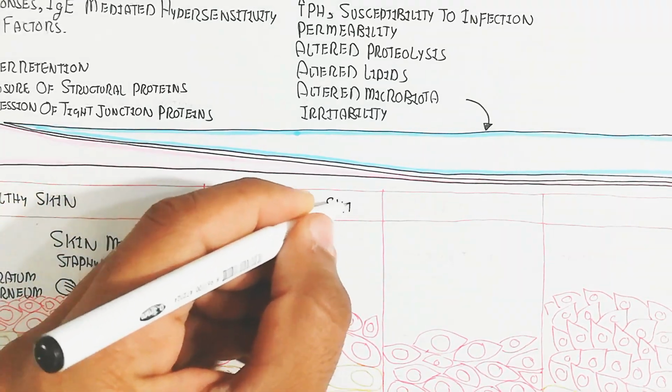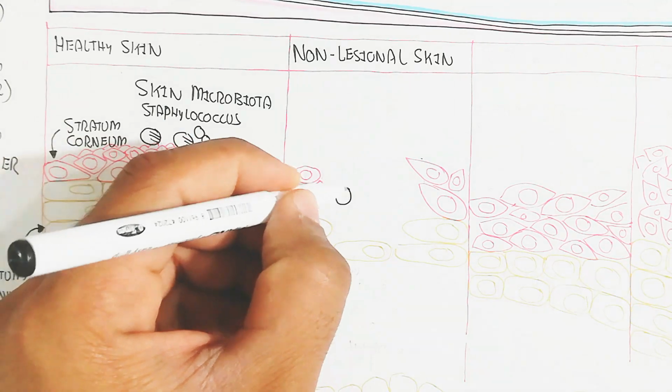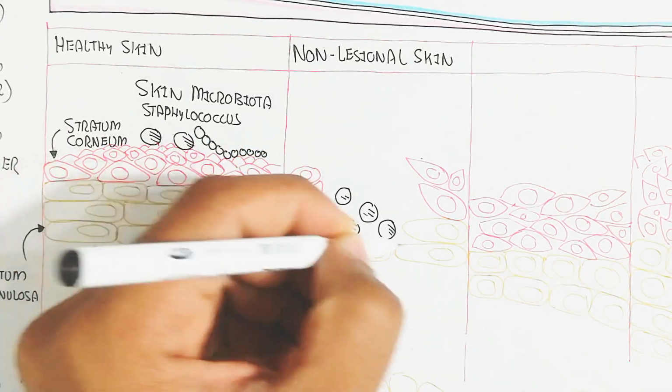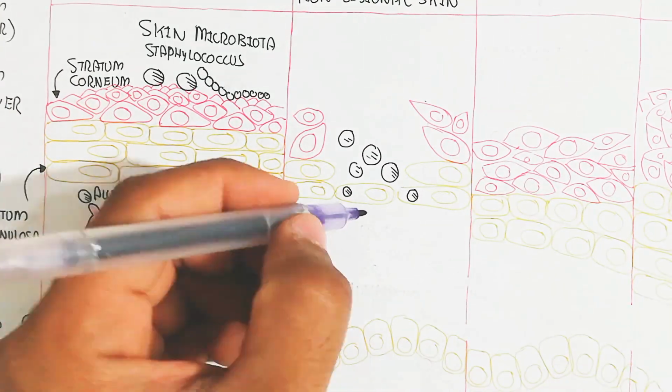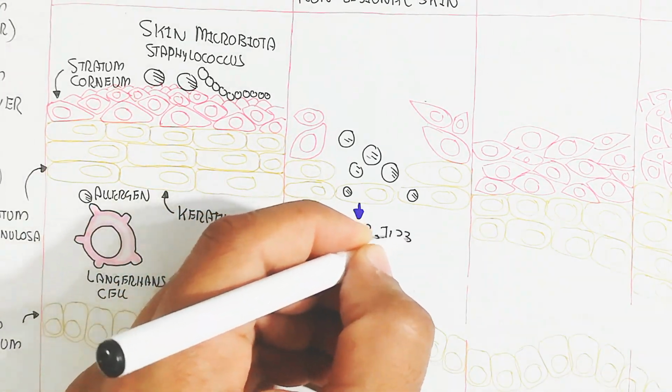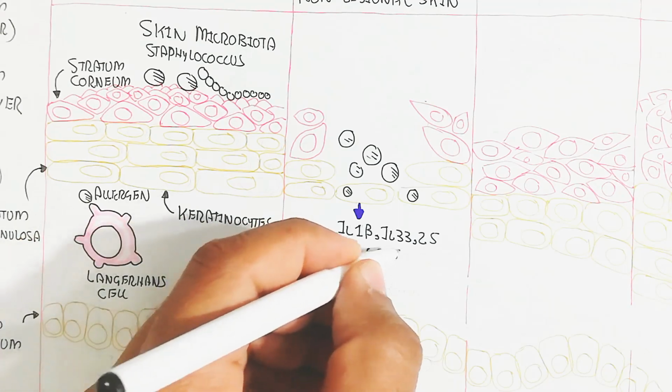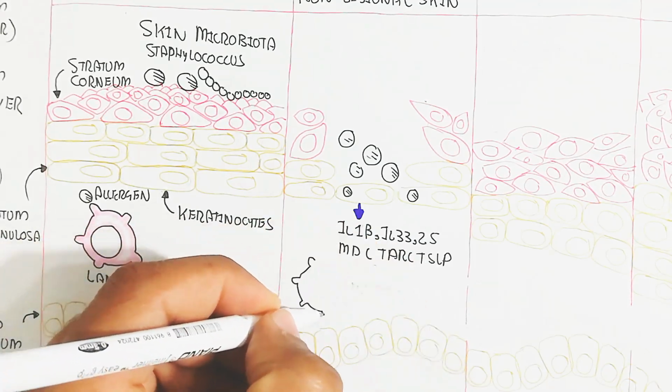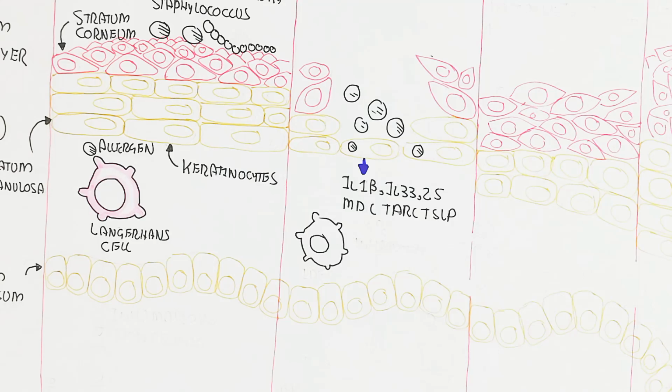Let's understand about non-lesional skin that is inflamed due to infection of the keratinocyte. When keratinocytes are inflamed and infected, they will produce inflammatory mediators like interleukin 1 beta, 33, 25, and MDC, TARC, and TSLP.